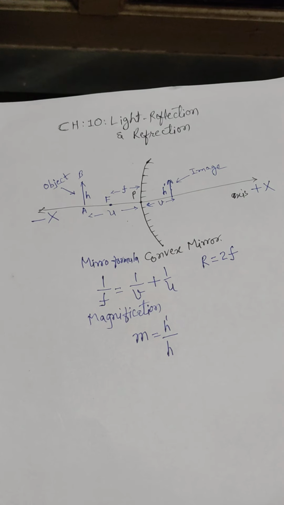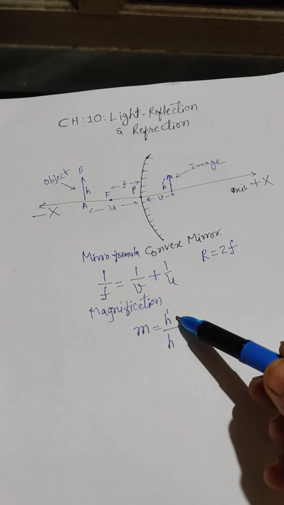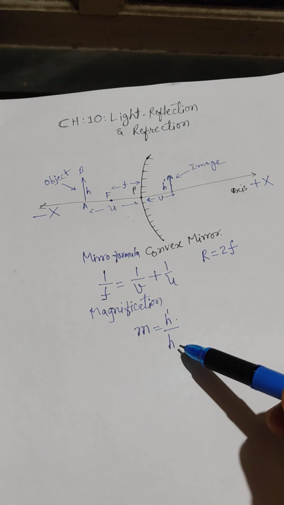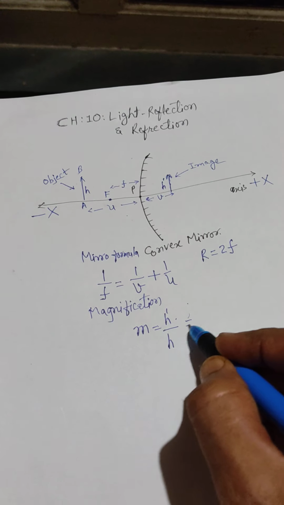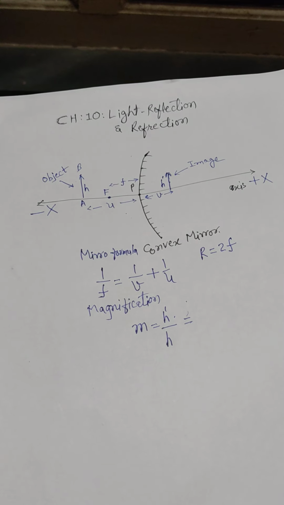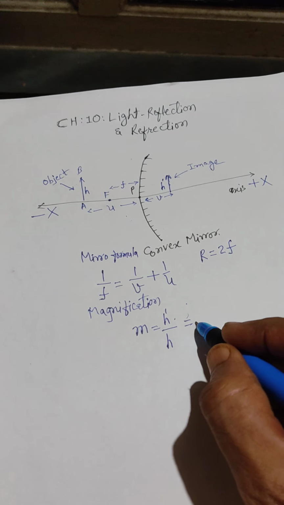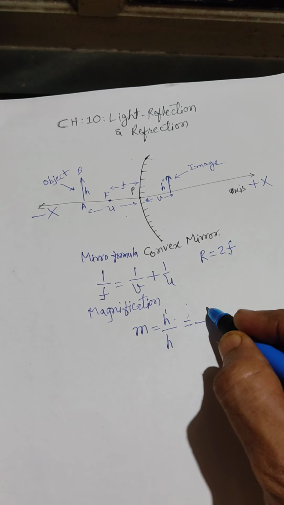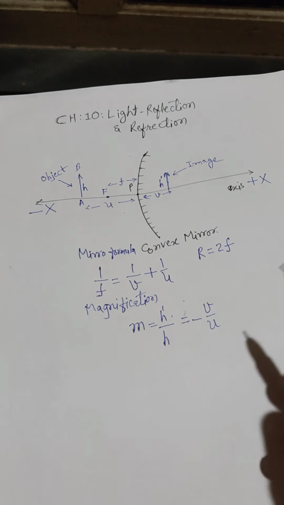This is a simple ratio. h prime, height of image, h, height of object. It is also given in terms of image distance as well as object distance, given by minus v upon u.